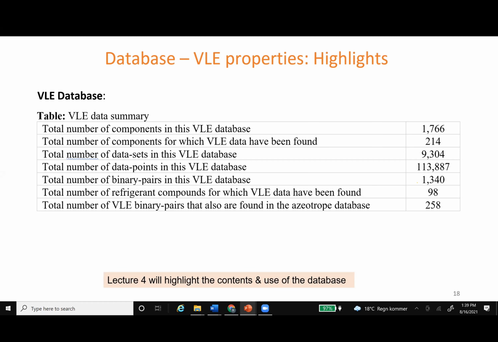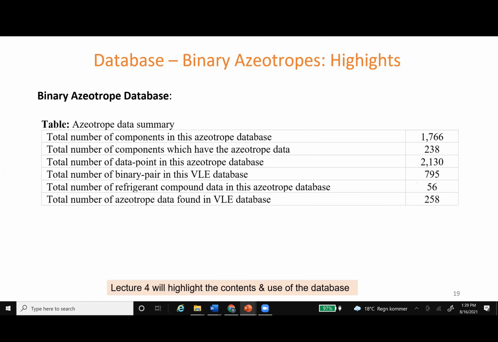Now, among this VLE data set, there could be isotopes. So we have found that there are 238 binary pairs or 258 binary pairs that form isotopes. 238 are the number of compounds. So what you can see is, first of all, ideally there should have been 1,766 by 1,766, a square matrix.